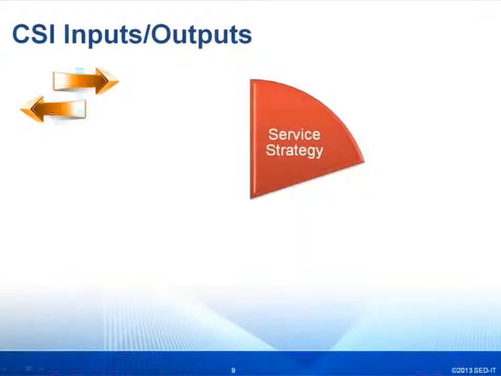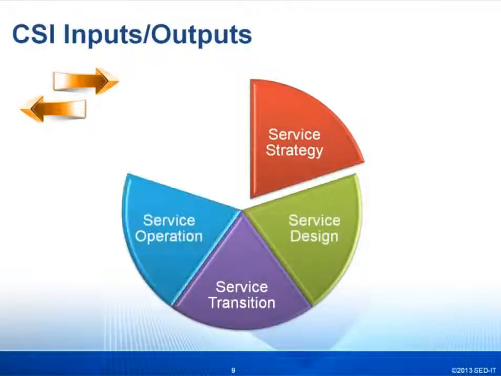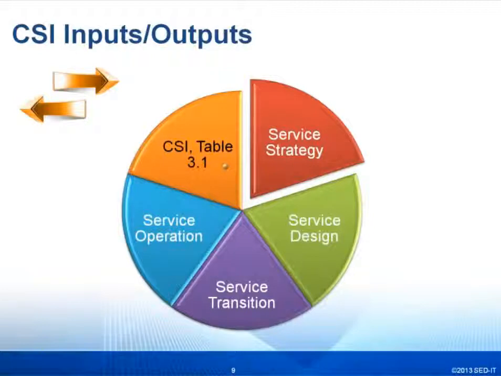So we talk about CSI, and again, we'll compare it to strategy, design, transition, operation, and this is going to be found in table 3.1 in the CSI volume. Same structure within the table. And since we're on this last table, I'm just going to make the statement now. By no means are these tables the absolute be-all, end-all.